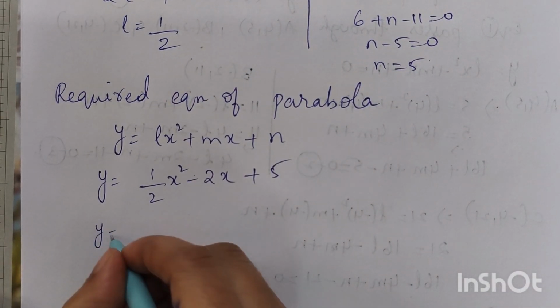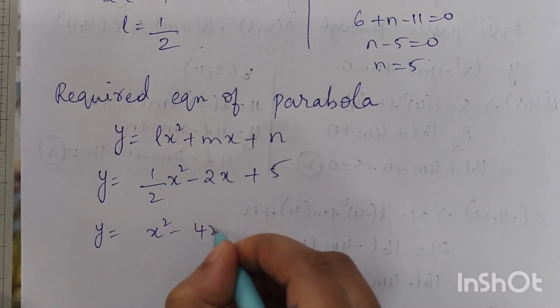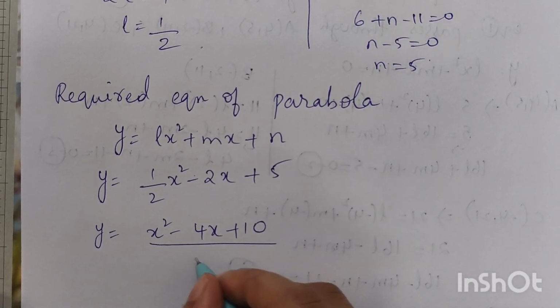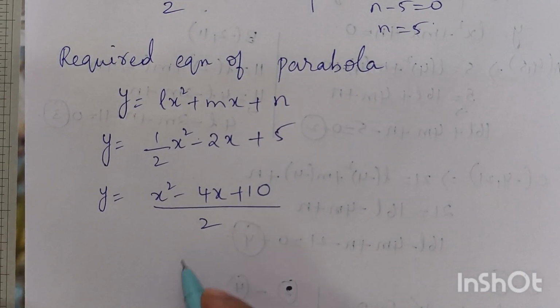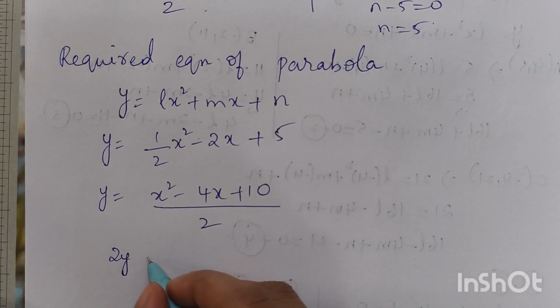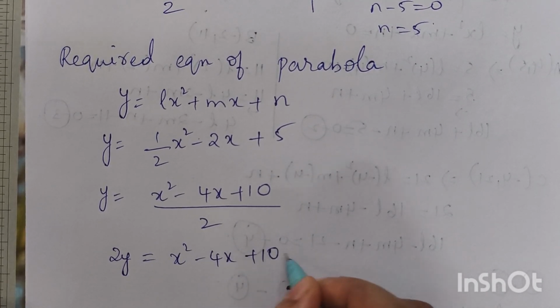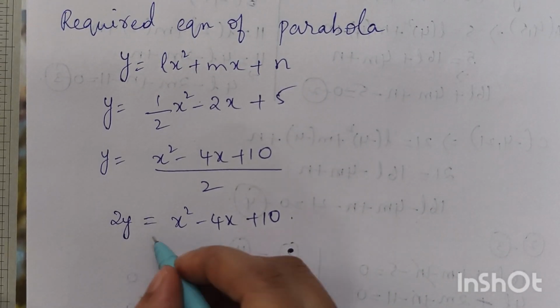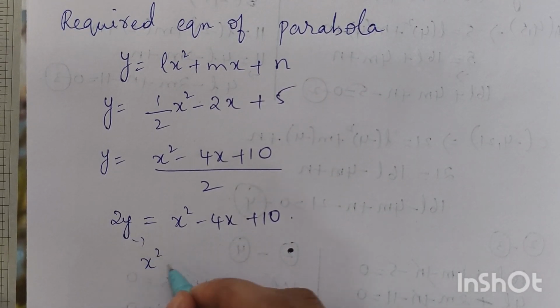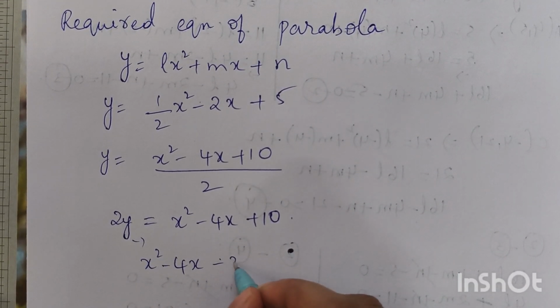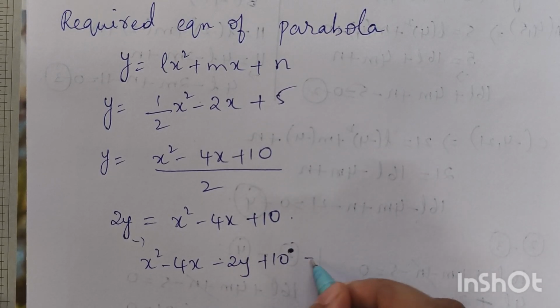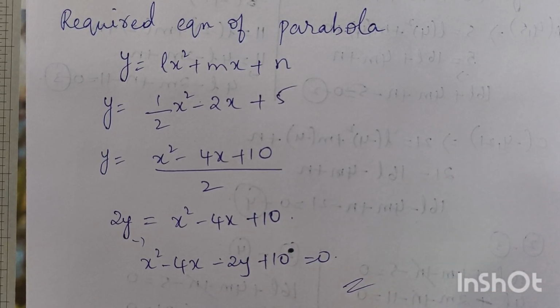Taking the LCM, we get x square minus 4x plus 10 whole by 2. Multiplying by 2, it is 2y equals x square minus 4x plus 10. Now shifting this term, x square minus 4x minus 2y plus 10 equals 0 is the required equation of the parabola which is parallel to the y-axis.